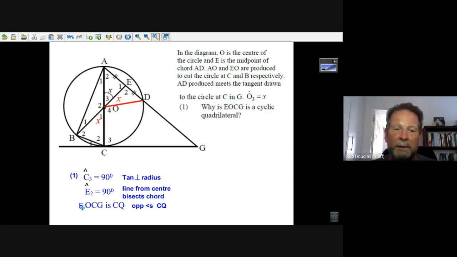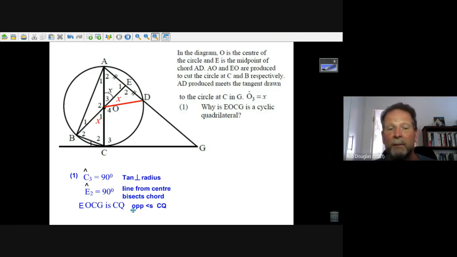Now in the notes, I think I called this I. EOCG, therefore, is a cyclic quad because these two angles, E2 and C3, they both equal 90 degrees. They add up to equal 180.